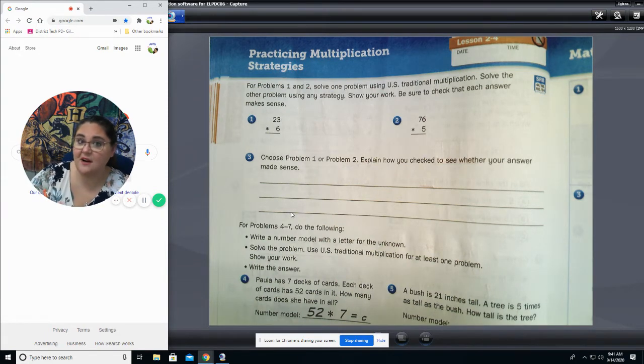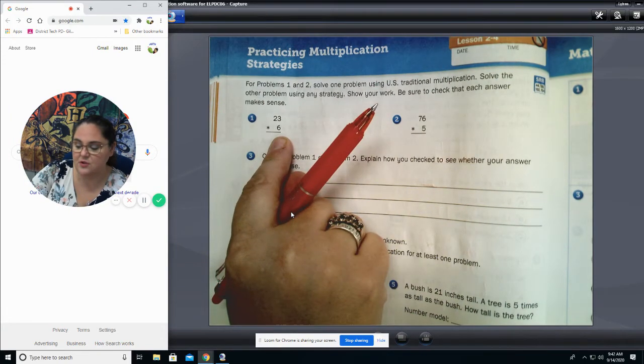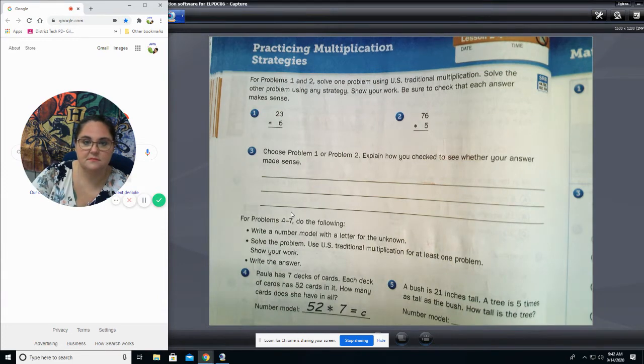Because I saw last year when I was doing tests with my kids, when I gave them a challenge problem, I've seen so far this year when I give you a challenge problem, somebody would say, oh, that equals 29. Well, if I have 20 times 5, that equals 100. So it's definitely, my answer is not going to be 29. Okay? So in other words, what I'm trying to say is make sure your answer makes sense.